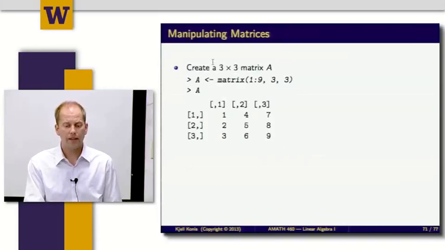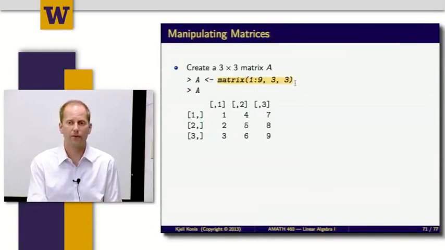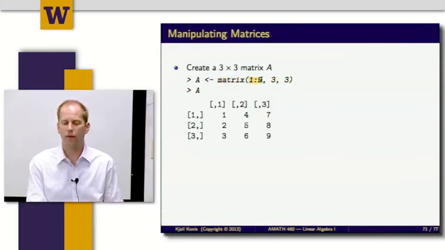So for manipulating matrices, suppose I have a 3 by 3 matrix. So I'm kind of combining more and more commands into one line here. So here I'm creating a vector that has numbers 1 through 9 in it, and then I'm using the matrix function to turn that into a 3 by 3 matrix. So I get 1, 2, 3, 4, 5, 6, 7, 8, 9.